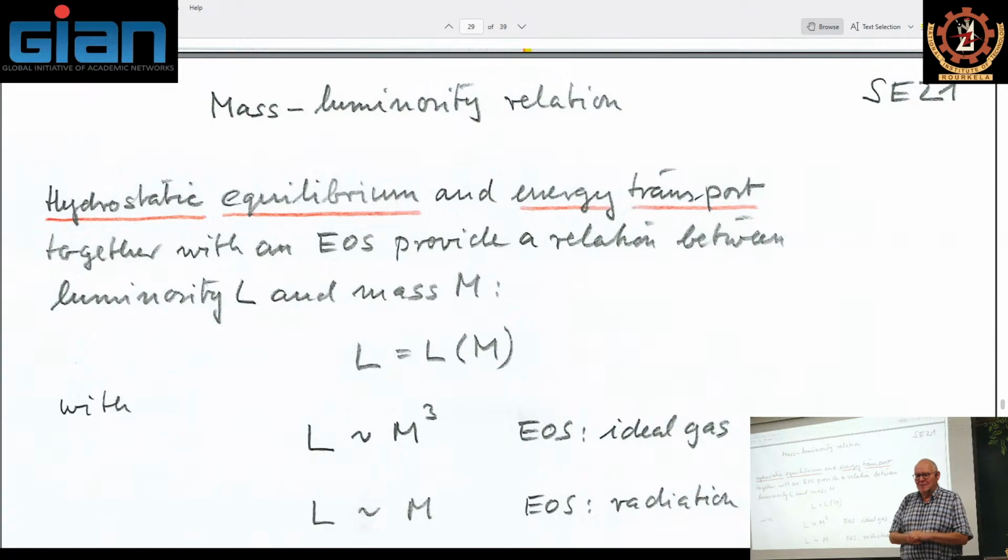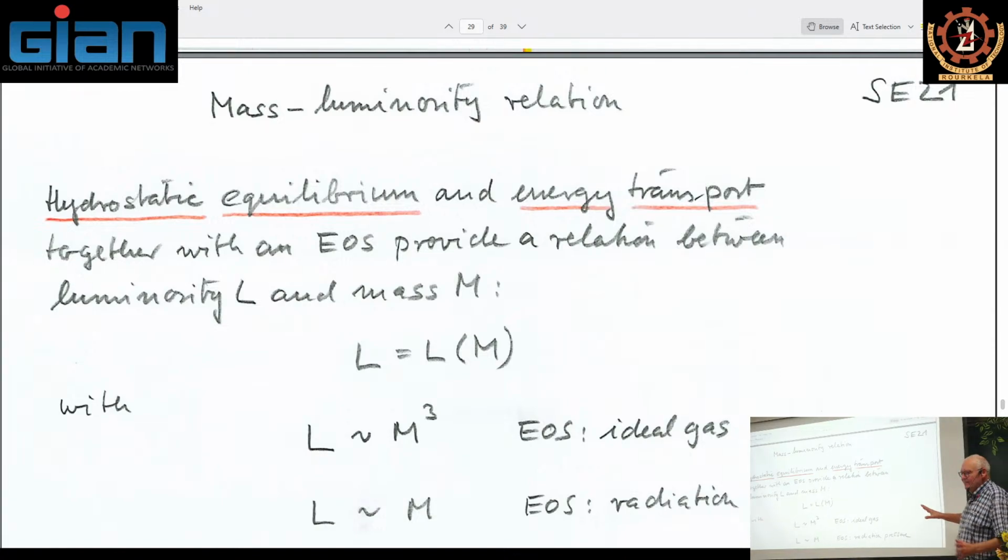So if I may bother you with an additional exercise, take the pressure-temperature relation P proportional to T to the fourth and simply change a little bit the derivation you have seen yesterday given by Professor Yadav. Then you will see you end up with a linear luminosity-mass relation in that case.